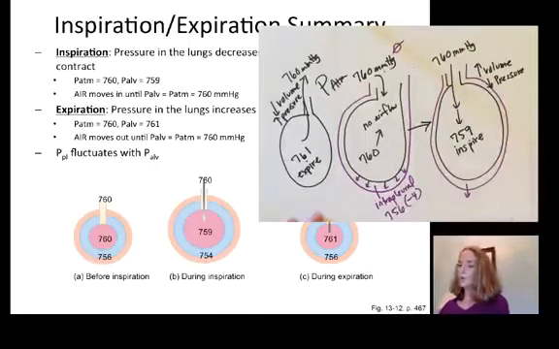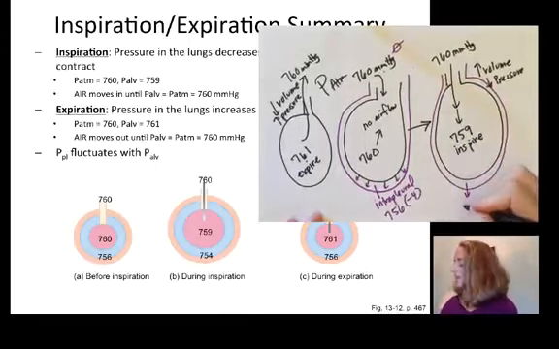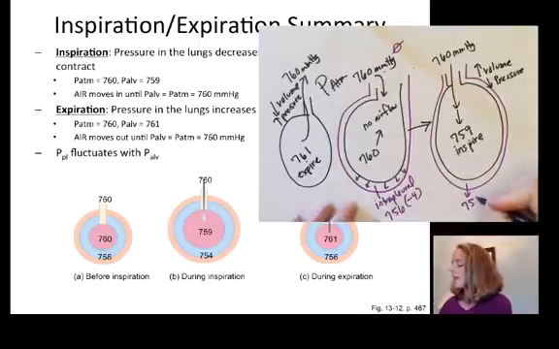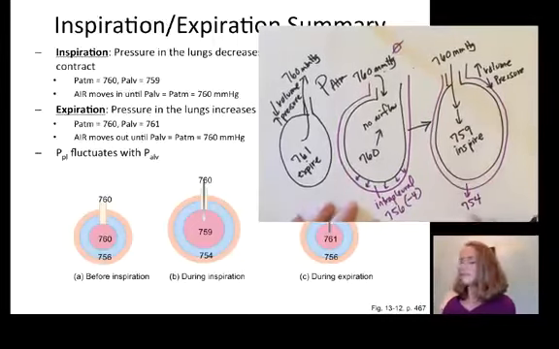But as you pull on the chest cavity and it expands, that can actually pull on or open up the pleural space a little bit as the lungs are moving along with it. So it can actually go down to, say, 754.